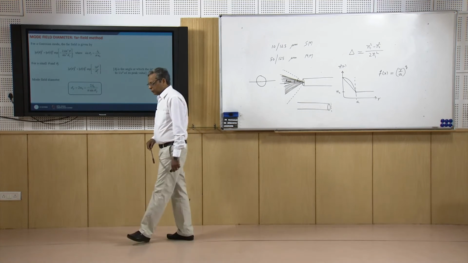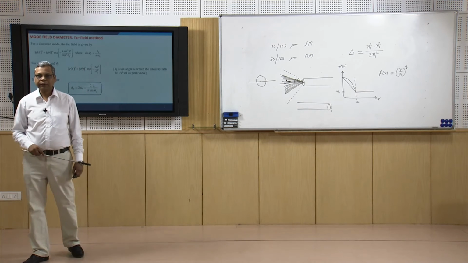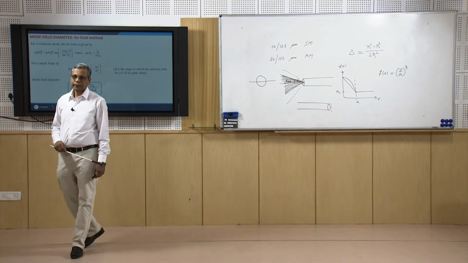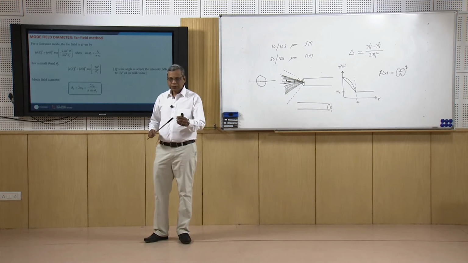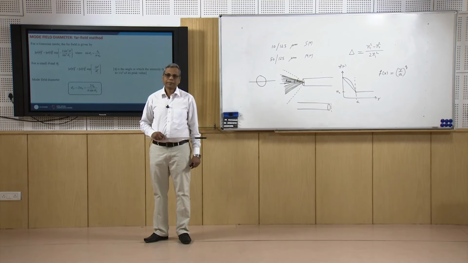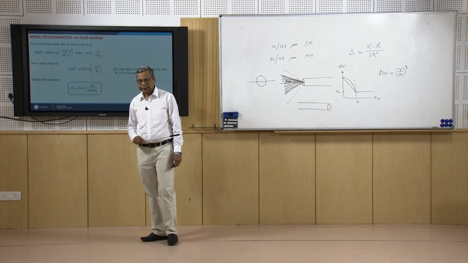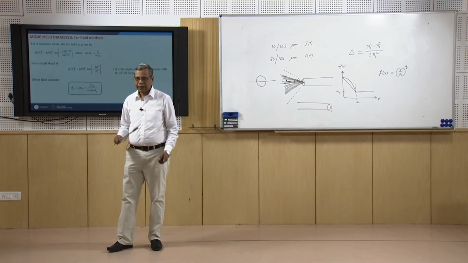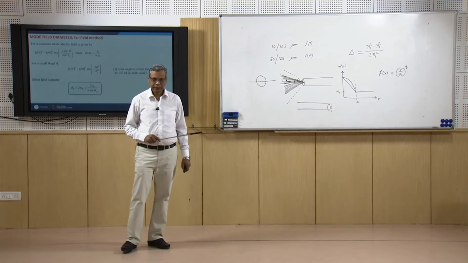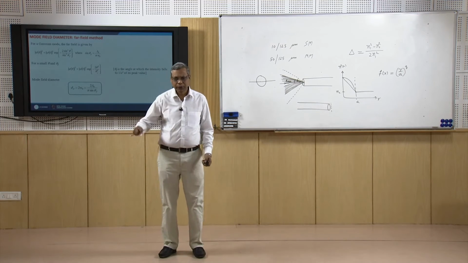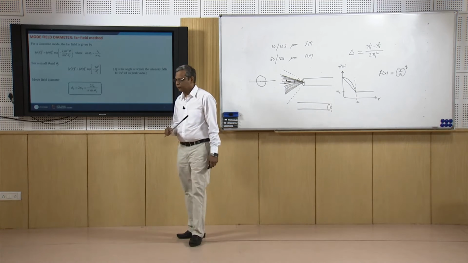I know that for a single mode fiber the fundamental mode can be very well approximated by a Gaussian, and in this method, as this Gaussian mode comes out of the fiber, I let it propagate over a small distance, and what I see then is the far field. I let it propagate maybe a centimeter or two, so that I am in the far field.